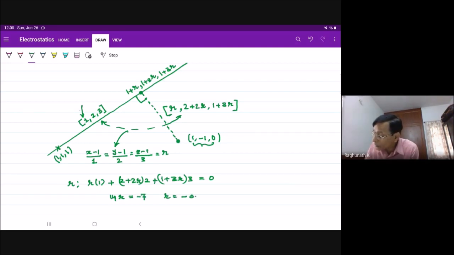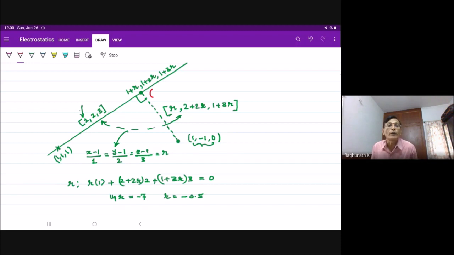R is equal to minus 0.5, correct? Check it once. Please check quickly. R, 4R, 9R is 14R, plus 4 plus 3, that side it is minus 7. R is equal to minus 0.5. Because of which, what is the coordinate of the foot of the perpendicular?